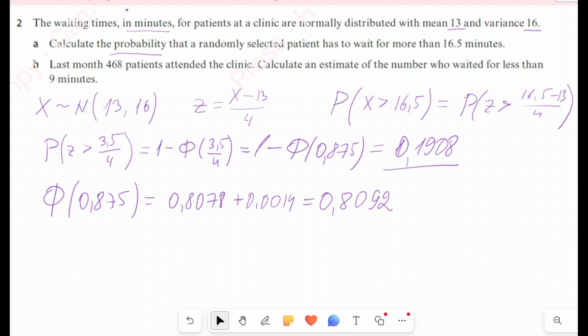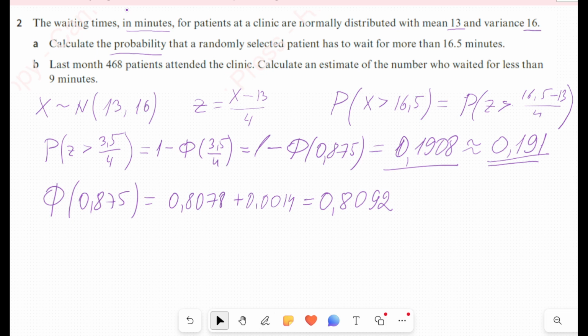This is approximately 19.1 percent, so approximately 0.191. This is the probability.